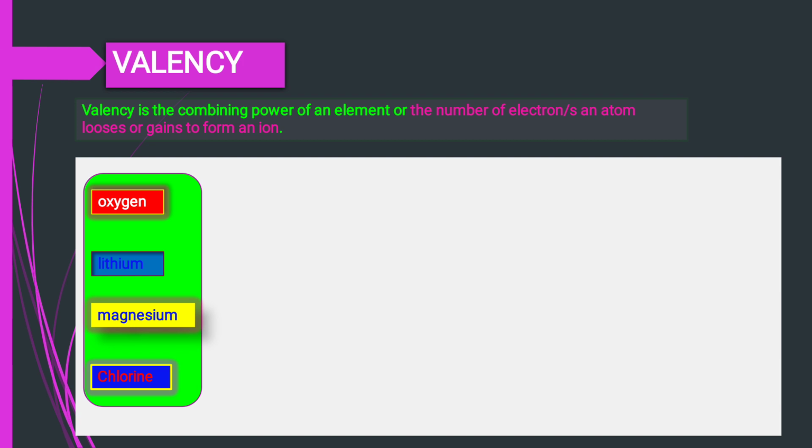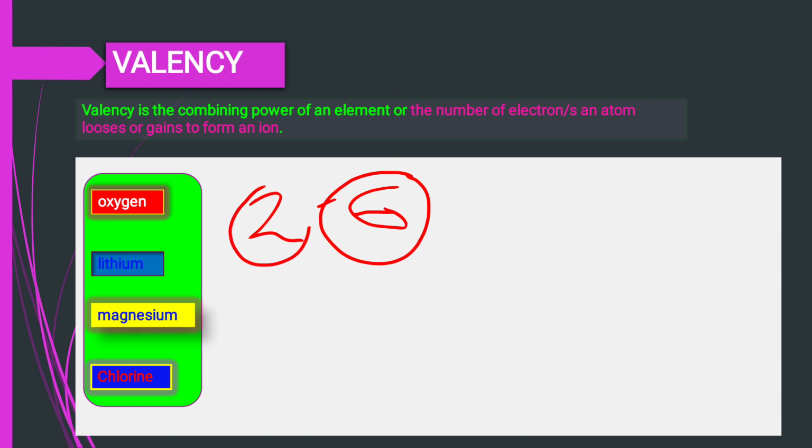The electron configuration of oxygen is 2,6. So this means that the outermost energy level has a total of 6 electrons, while the first energy level has a total of 2 electrons, giving us 2:6.